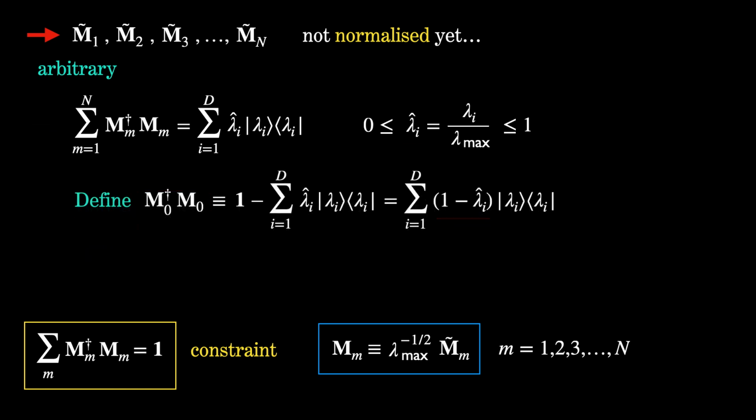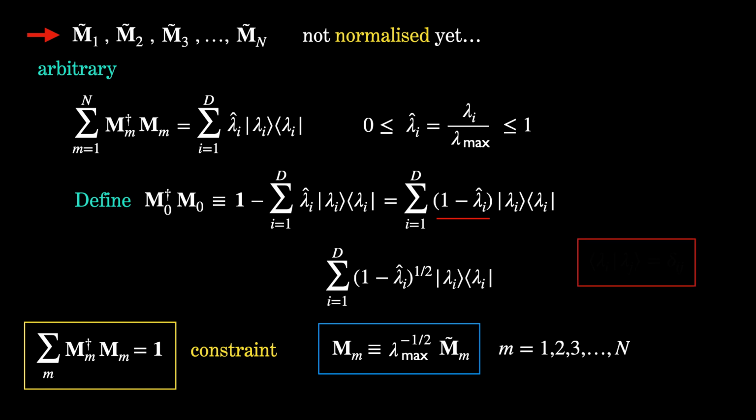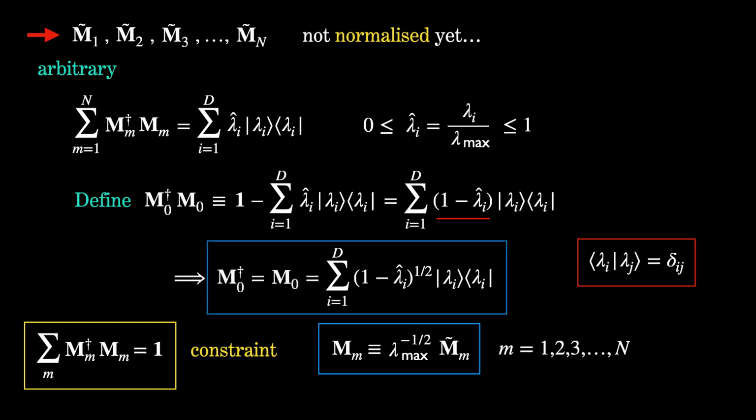Since all these eigenvalues are positive, we may also take their square root. And because the basis is orthonormal, the square root of the operator itself can be found in a straightforward manner. So let's define both M0 dagger and M0 as the square root operator.